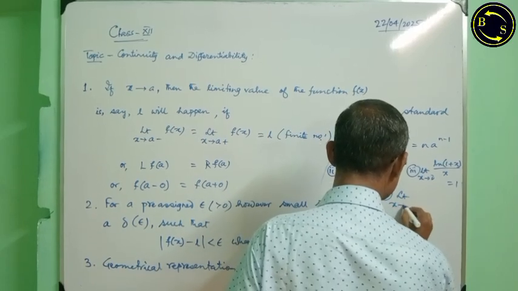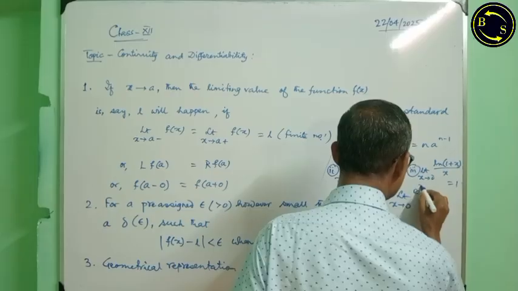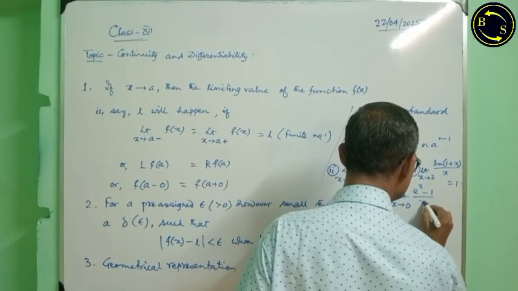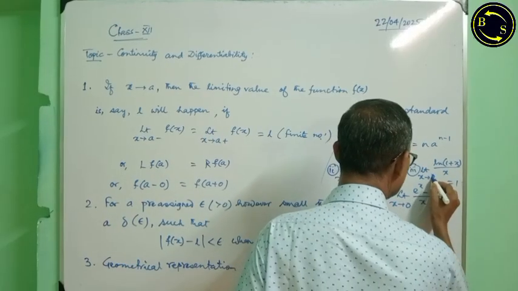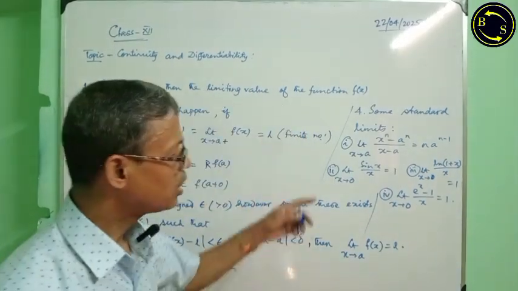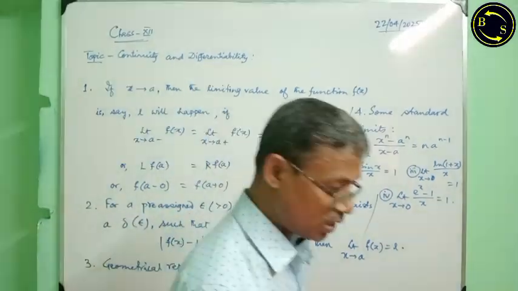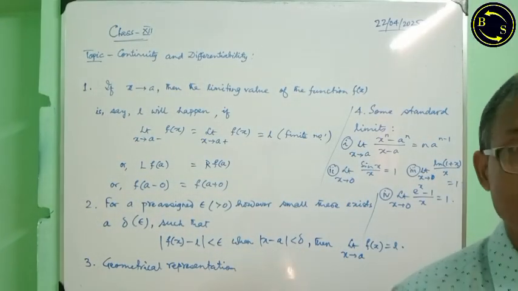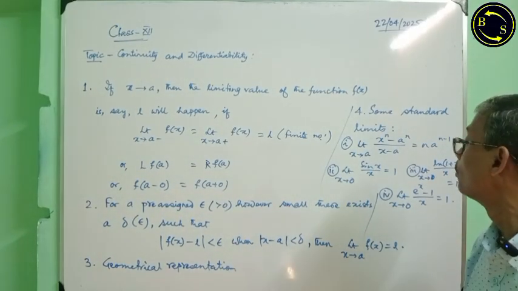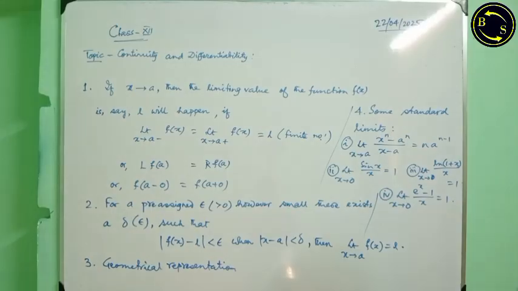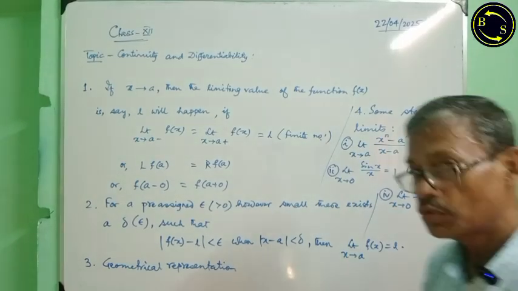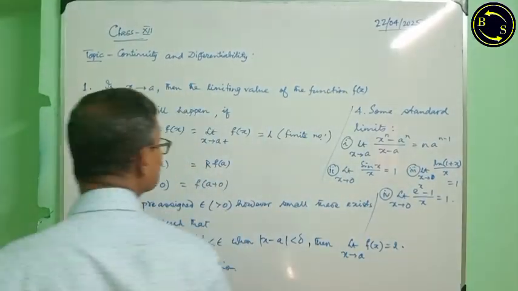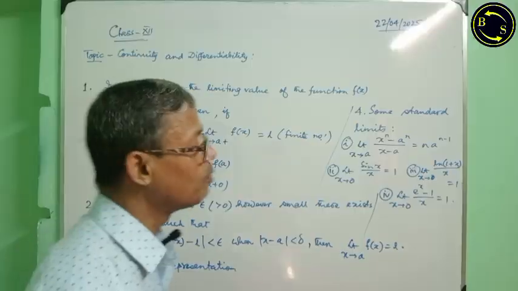Limit x tends to 0 of (e to the power x minus 1) by x equals 1. These were the standard limits and a few theorems related to limits were also discussed. After that we worked out a lot of sums on the topic limit.